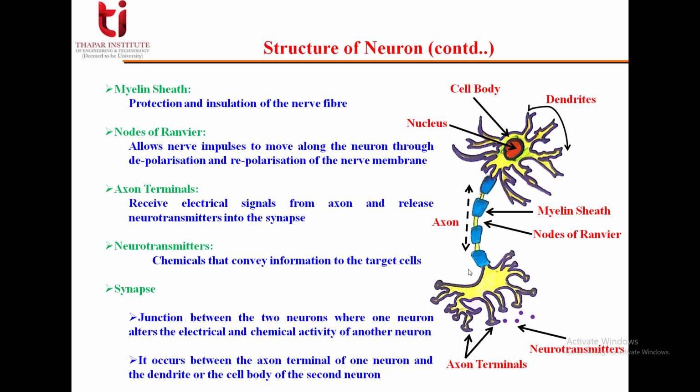That is a junction between two neurons where one neuron alters the electrical and chemical activity of another neuron. It occurs between the axon terminal of one neuron and the dendrite, or we can say the cell body, of the second neuron. So this was the complete structure of the neuron.